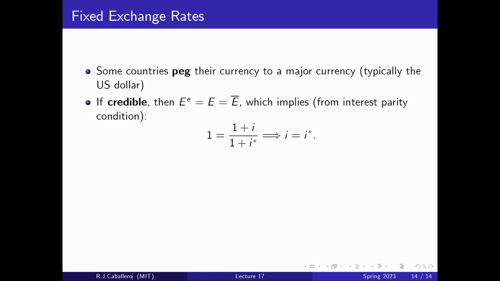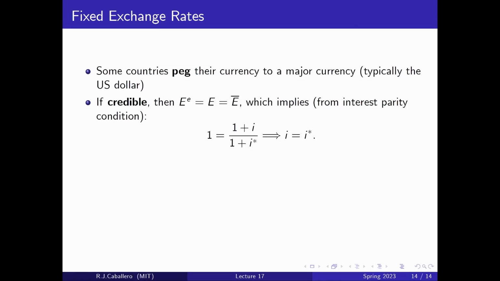Suppose you are in a peg or fixed exchange rate regime pegged to another currency, and suppose it's credible. That's a big issue with fixed exchange rates, but suppose it's credible. There are some countries that have credible fixed exchange rates. Well, if you have a fixed exchange rate with respect to some other currency, and it's credible, then you know that the expected exchange rate is equal to the exchange rate and equal to a constant.